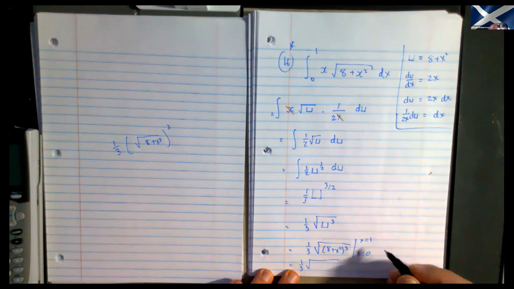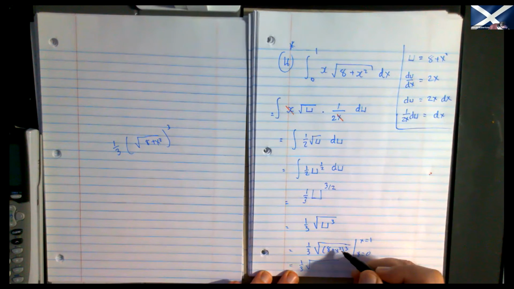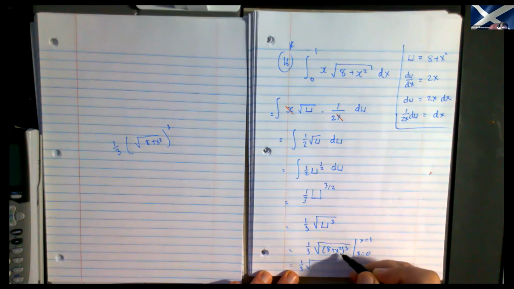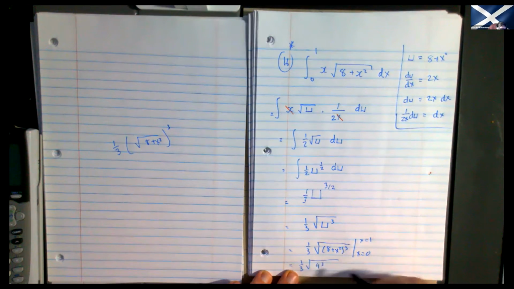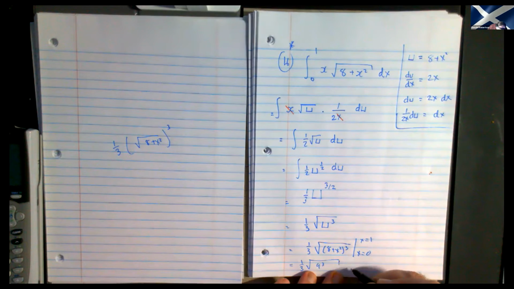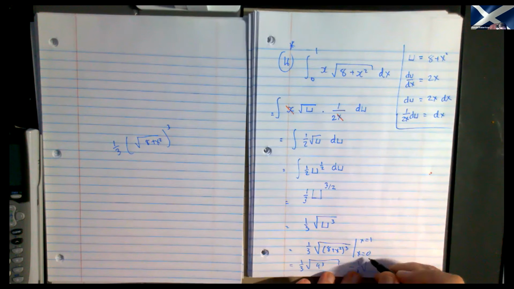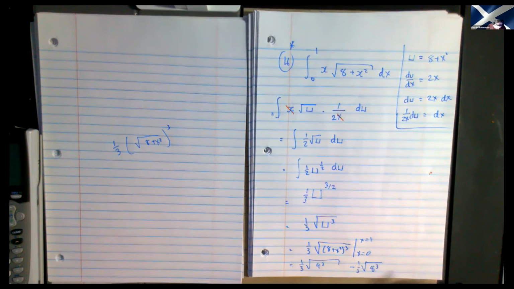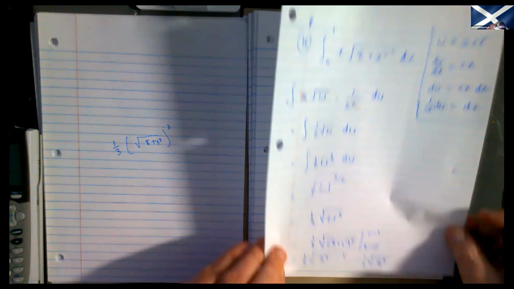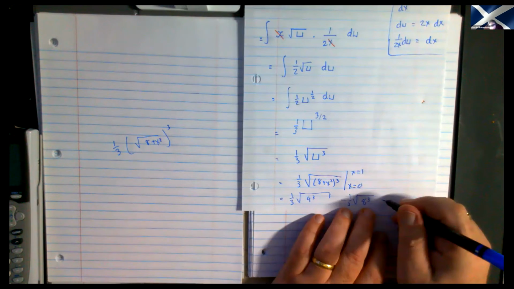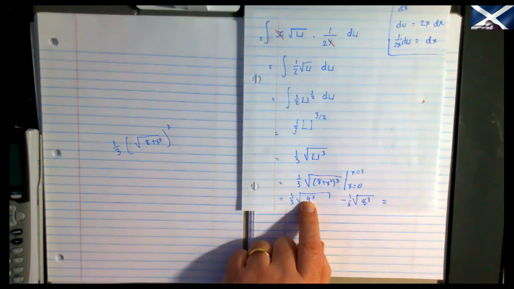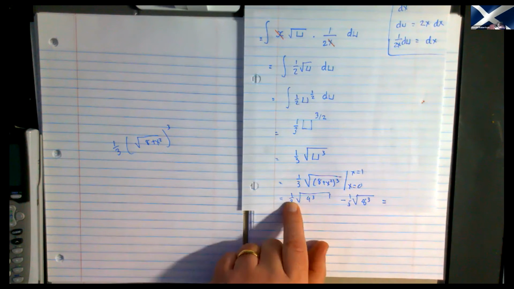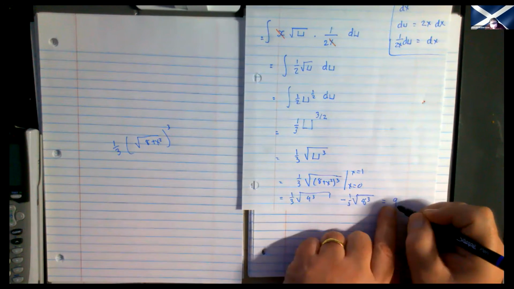If you plug 1 in here, 1 squared is 1. 8 add 1 is 9, so you get 9 cubed. Take away 1/3. If you plug 0 in here, you get the square root of 8 cubed. Yeah, seen better. That guy is 3 cubed, so it's 27. 1/3 of 27 is 9.